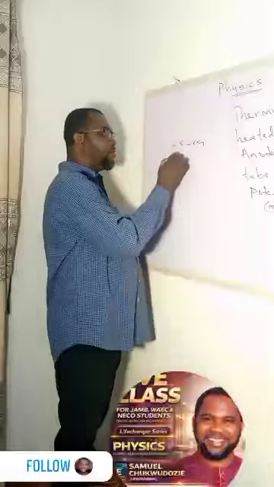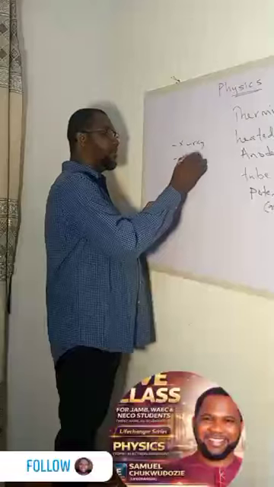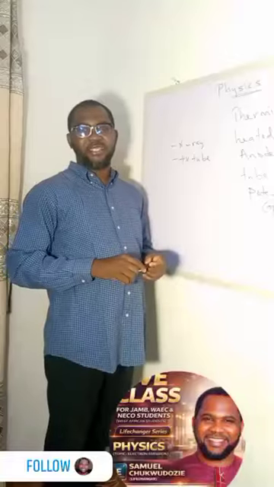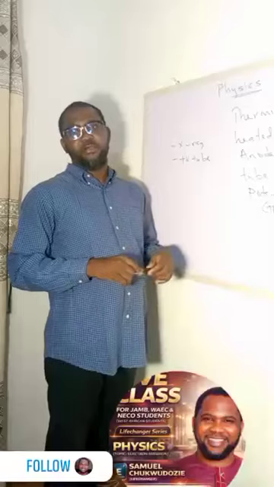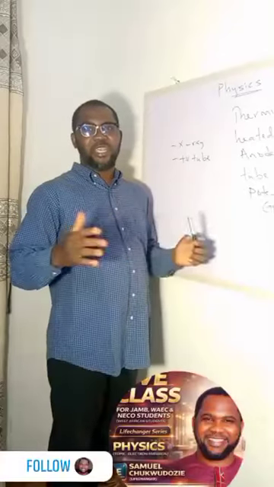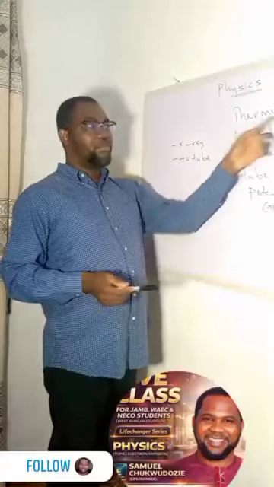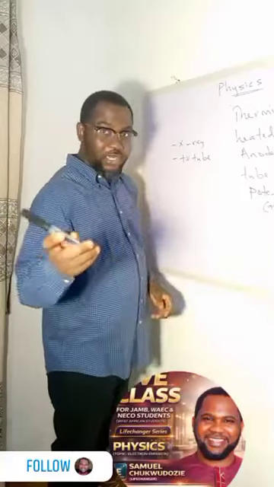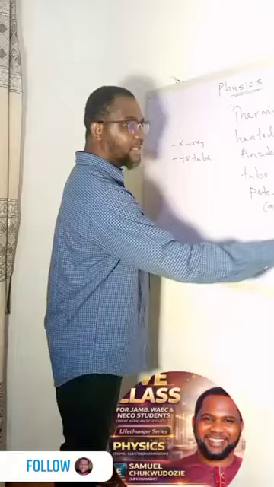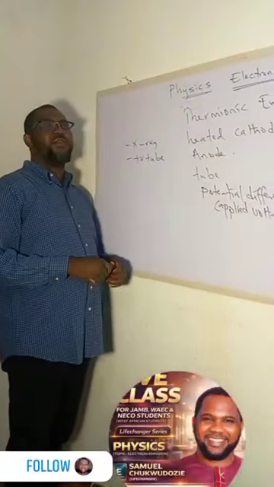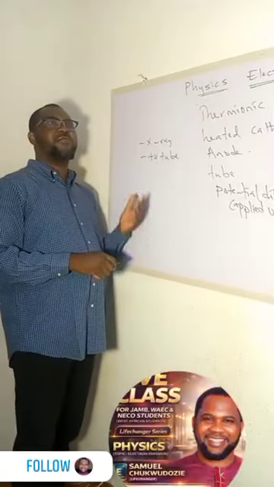Now, even your TV tube. I know some of you will be wondering which TV tube, since what we have now at Gen Z is flat screen. But in those days, when TV first came, it used to be very long. That tube actually operates with the principle of thermionic emission, actually the principle of the cathode ray tube.